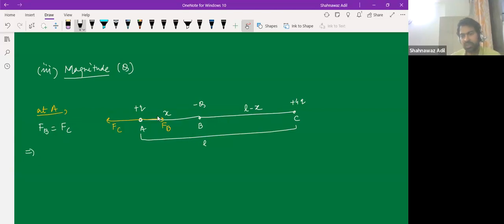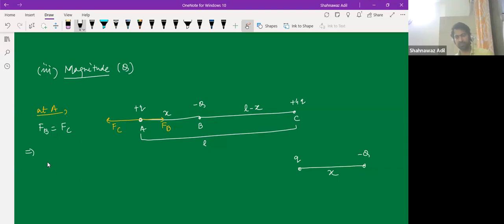We are calculating the force on this point due to this charge. So these are the two charges, Q and minus Q, separation is X. So what is the force?